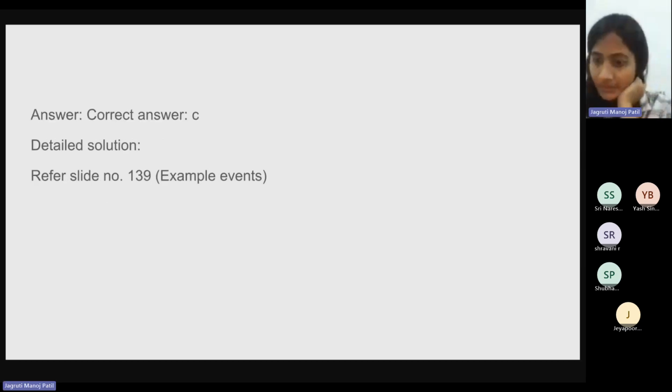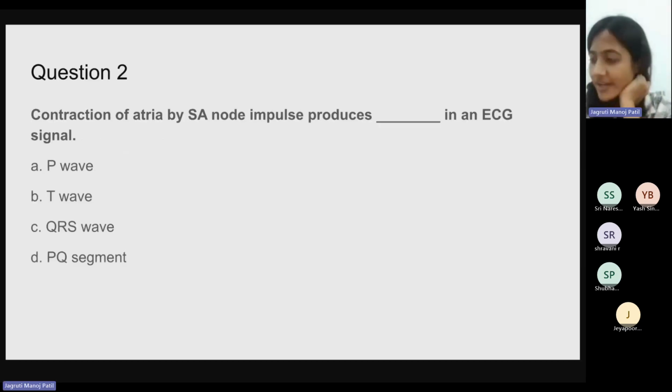Okay. Then next question. Contraction of atria by SA node impulse produces what in an ECG signal? So when the atria depolarizes or contracts, which wave is being generated? Okay.